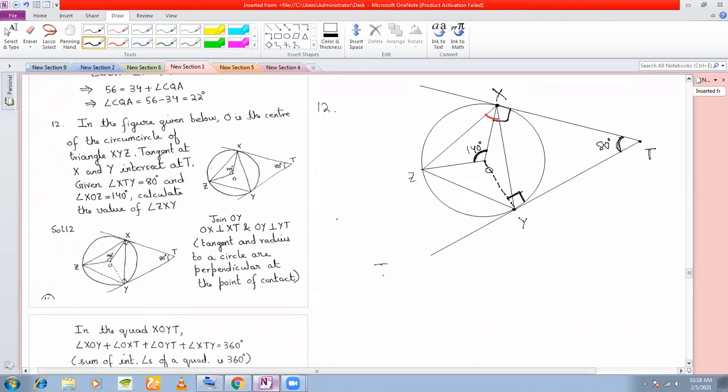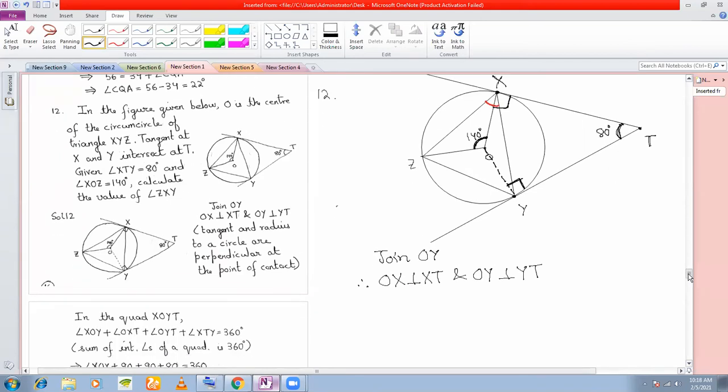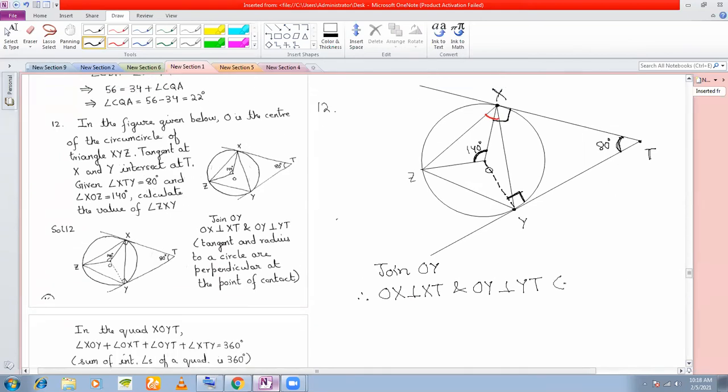Okay, so we write: join OY. Therefore, OX is perpendicular to XT and OY is perpendicular to YT, because the radius is perpendicular to the tangent at the point of contact.